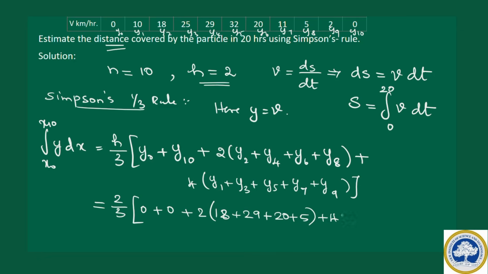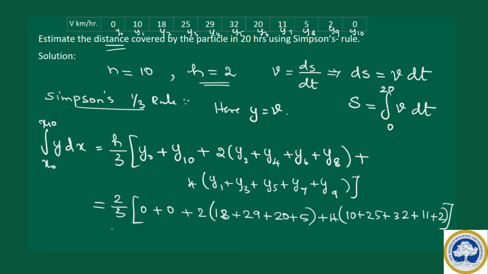Plus 4 times the remaining values: y1 is 10, plus 25, plus 32, plus 11, plus 2.